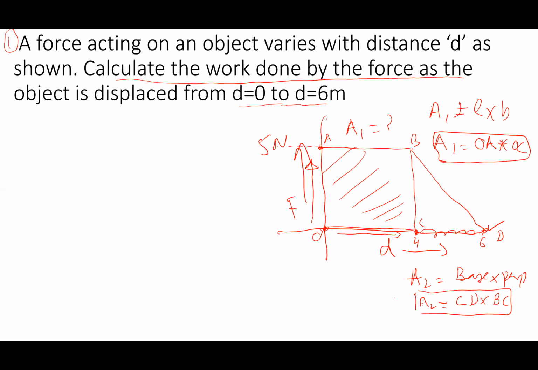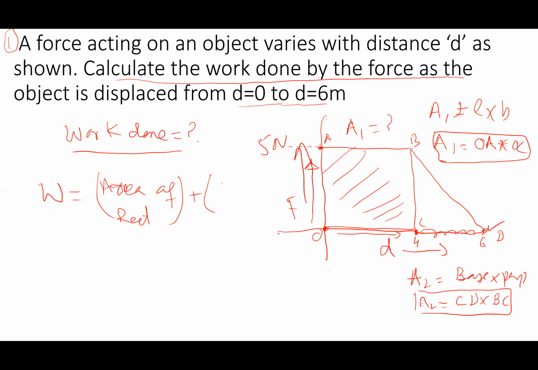Now, what do we have to calculate? We have to calculate work done. Work done is represented by W and it is equal to the area of the rectangle plus the area of the triangle.